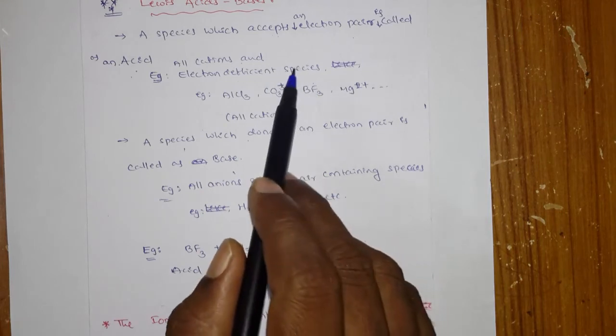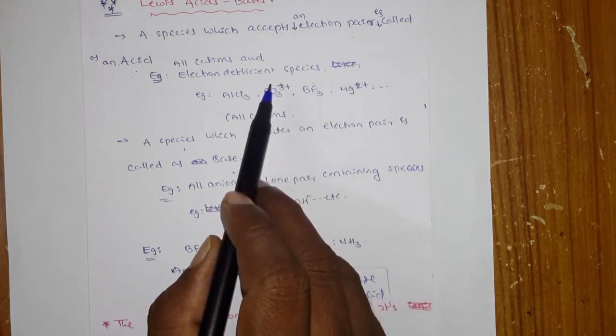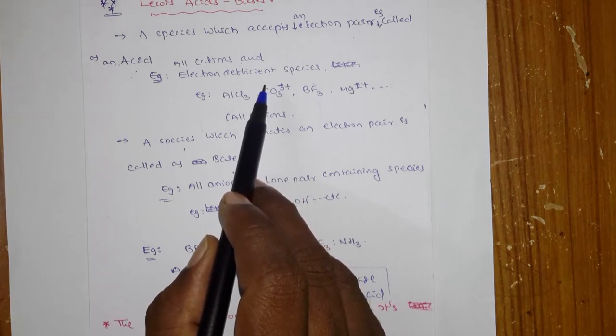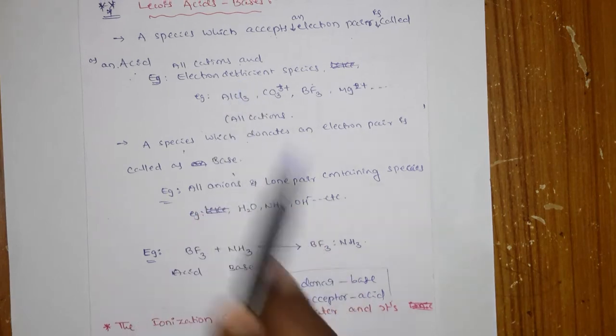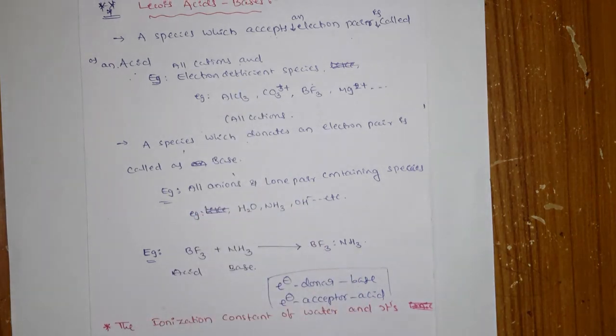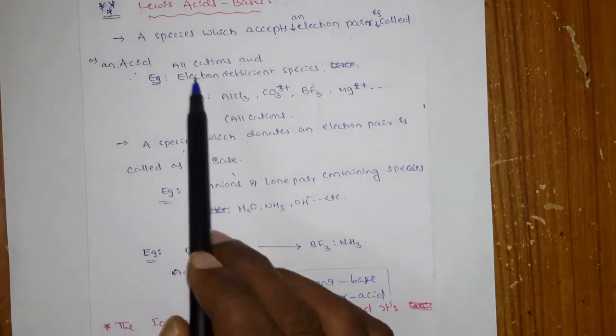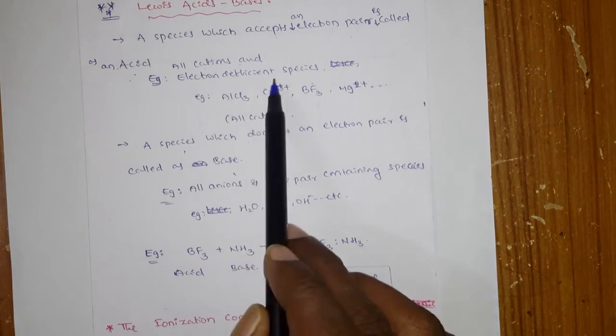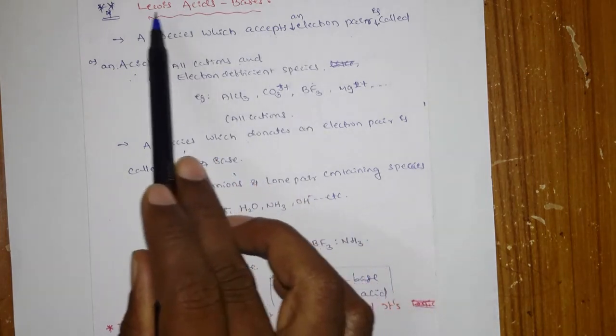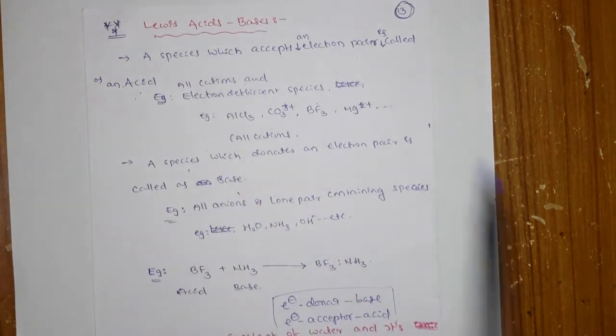Very simple, in chemical bonding, when you write the Lewis dot structures, whatever species is deficient with the octet rule, octet rule లో వేటికైతే ఎలక్ట్రాన్ డెఫిషియెంట్ గా ఉంటాయో, so those you can call electron deficient species. Okay, so all the cations as well as the electron deficient species are nothing but the Lewis acids.